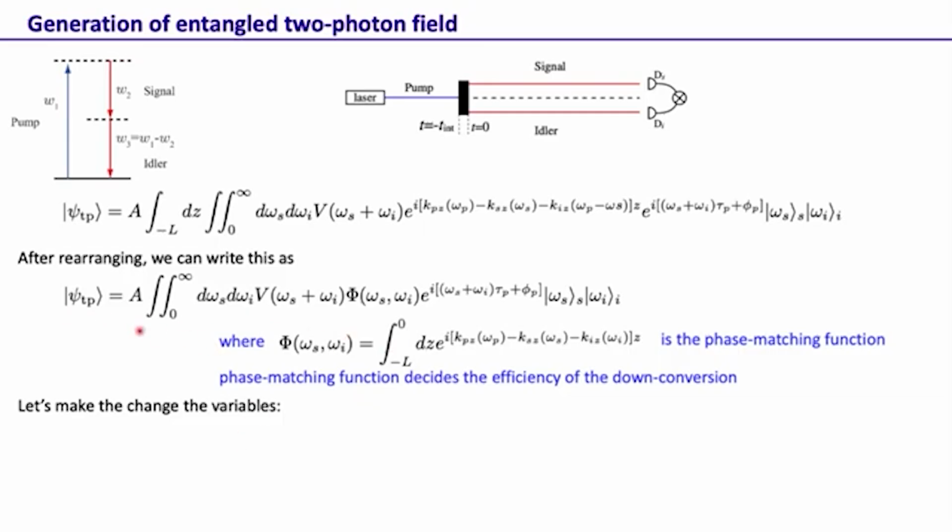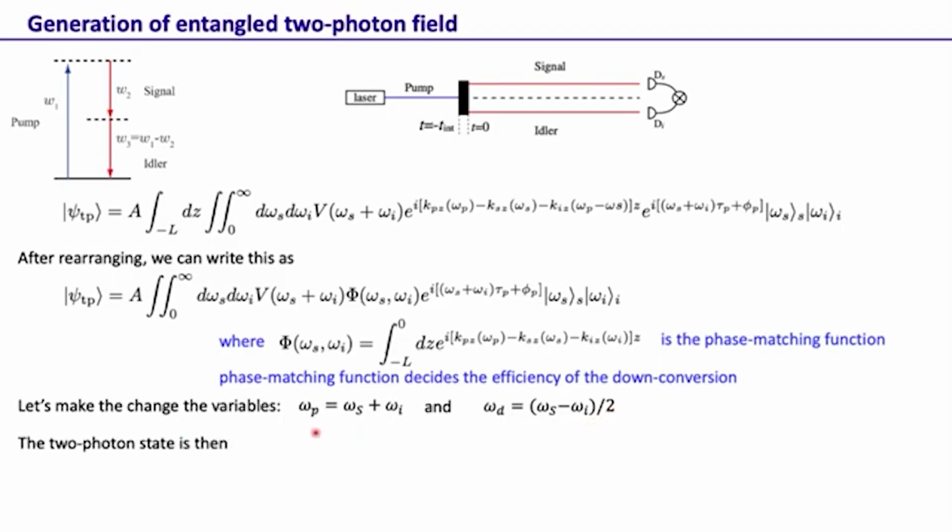I just want to point out that this also gives us an entangled state. So I'll just quickly illustrate that here. For that, let's make a change of variables. Here we have this state in terms of ω_s and ω_I, but let's take these two variables, ω_p and ω_d, where ω_p is ω_s plus ω_I and ω_d is ω_s minus ω_I.